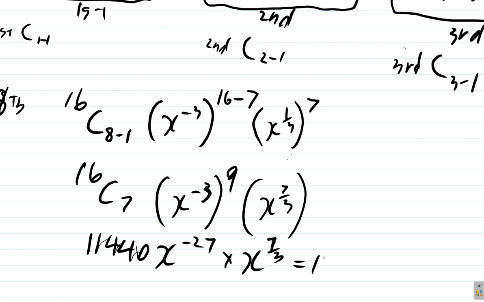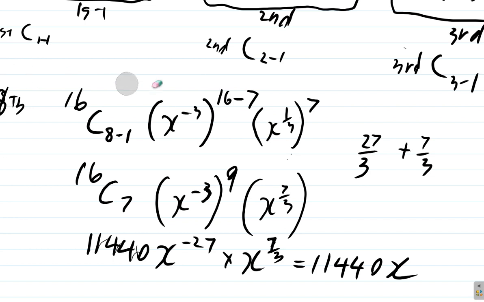So what we have is 11,440 x to the... Now remember, when you have x to one power times x to another power, you add the powers. So you're going to add negative 27 and 7 over 3. Let's see if we can do that now. If we use common denominators, multiply the 1 by 3, we get 3.